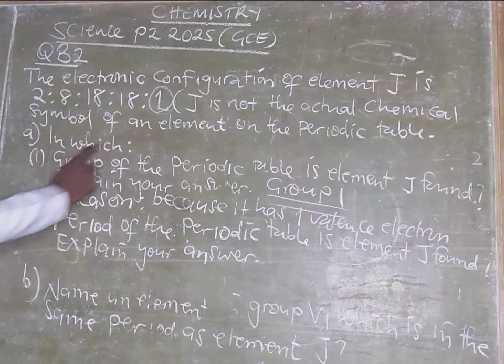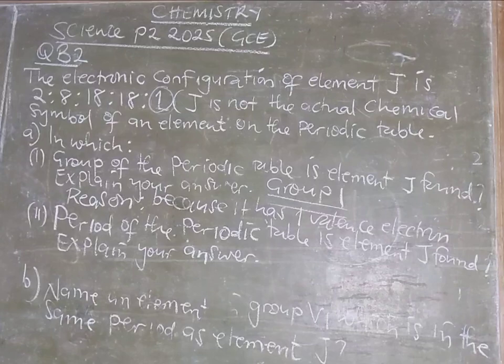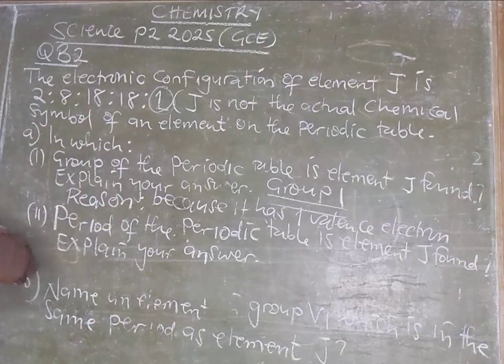Then, in which period of the periodic table is element J found? Explain your answer. So how do we determine the period of any element? Again, here we only have the electron configuration. To determine the period of any element, we consider the number of shells an element has.